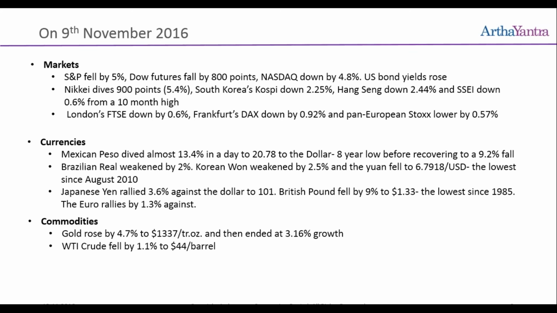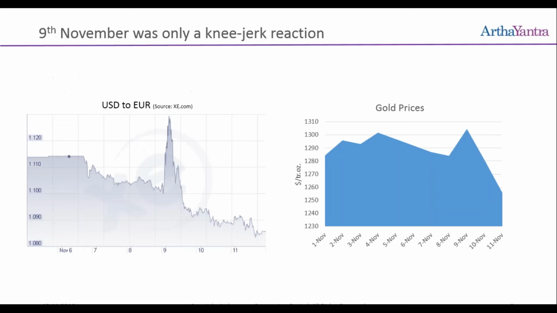Now, if you had joined us on our webinar on 9th November, we had discussed how the price of gold would rise and how the developed economies' currencies would rise, whereas there would be a sale of emerging economies' currencies, and that pretty much did happen on that particular day, because on that day, what happened was pretty much a knee-jerk reaction.